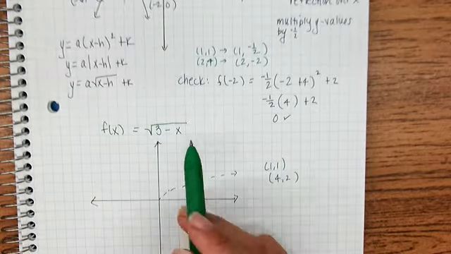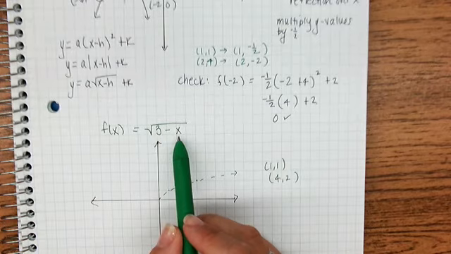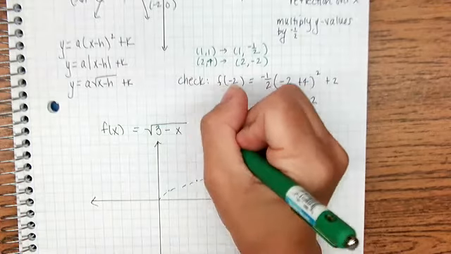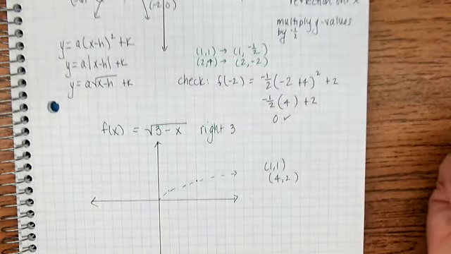Ask yourself what value of x makes this 0, and the answer is positive 3. So this is a shift right 3.